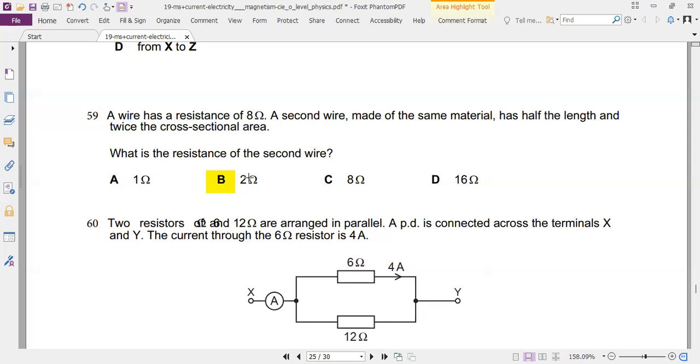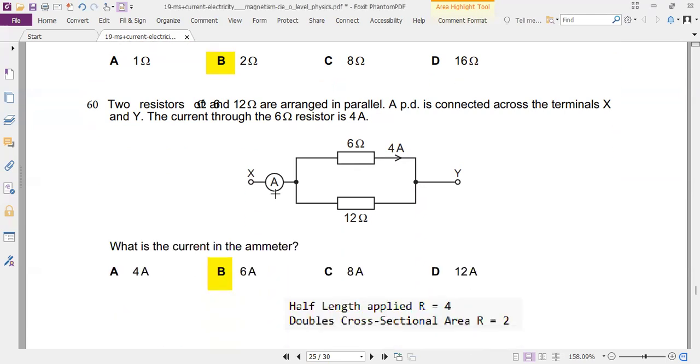Why is it given 2 here? Let's look at the question again. Sorry, half the length means resistance will become 4, and twice the area means resistance from 4 will halve again and become 2. So B is the correct choice.